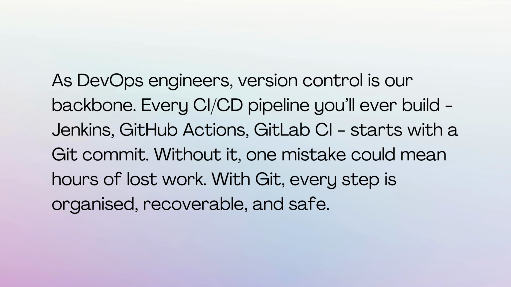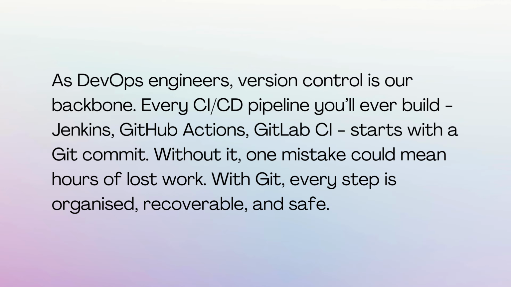As DevOps engineers, version control is really our backbone. Any CI/CD pipeline we will ever be building in different tools, taking as an example GitHub Actions or even Jenkins or GitLab CI itself, we'll always be starting with Git commits.